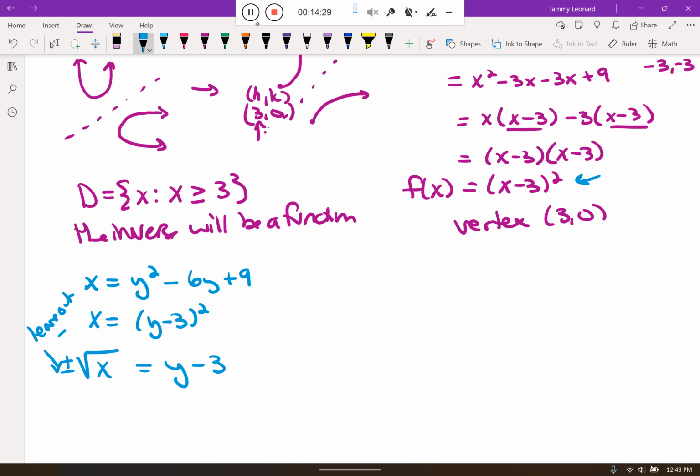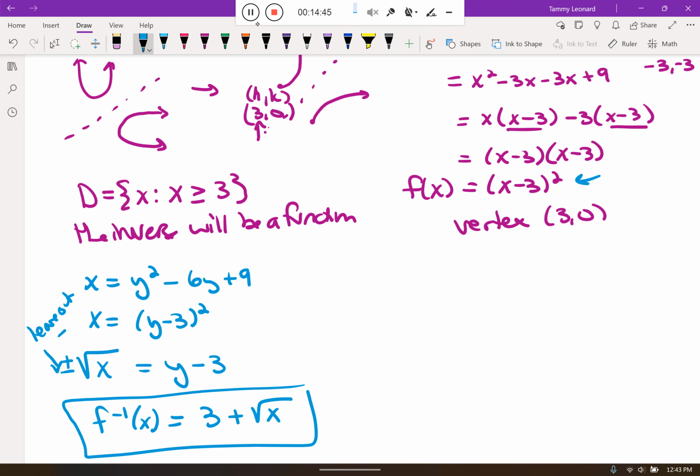So when I add 3 to both sides, I have that f inverse of x will equal 3 plus root x. So I have a radical that's basically translated up 3, and that will be an inverse, my function that is an inverse that is a function, because we restricted the original domain so that we would only get the top when we did the reflection across y equals x.